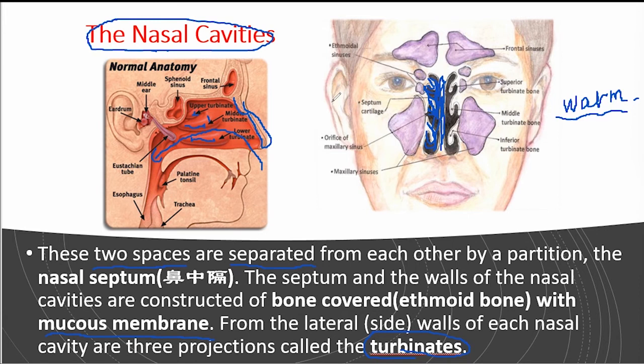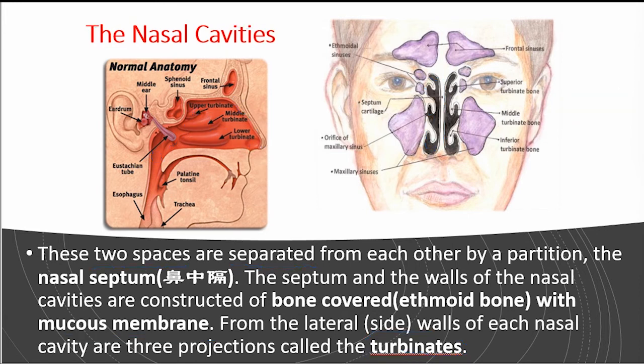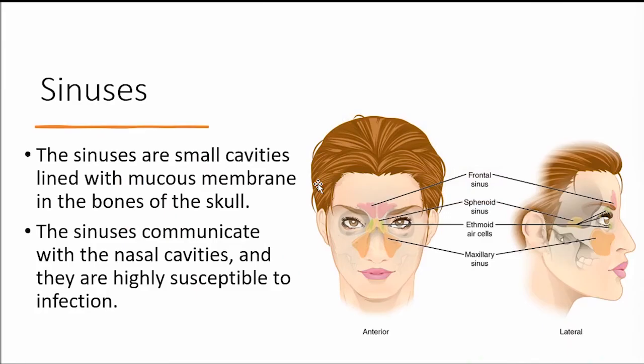Then we're talking about another important part related to the nose, that we call sinuses. What do sinuses mean? Sinuses are small spaces or cavities inside the bone, inside the skeletal bone.